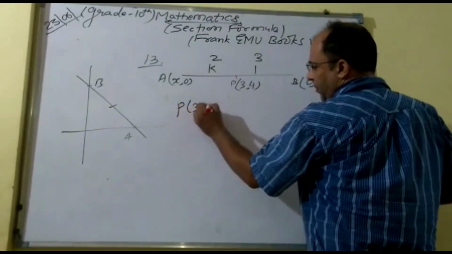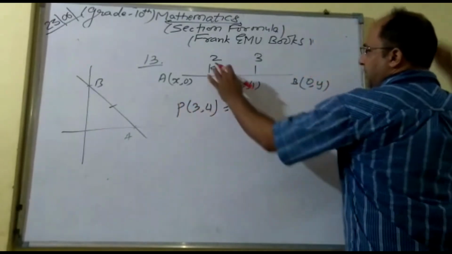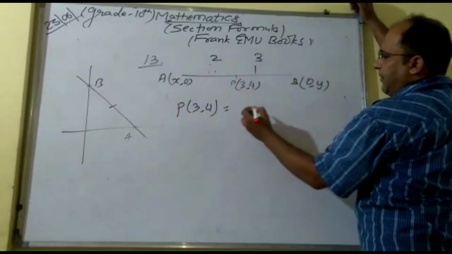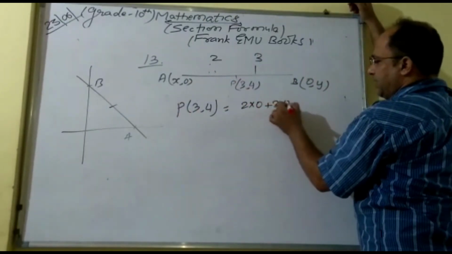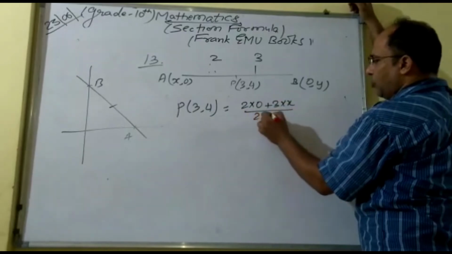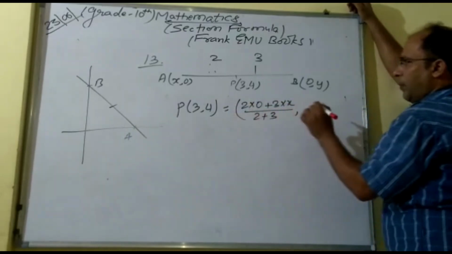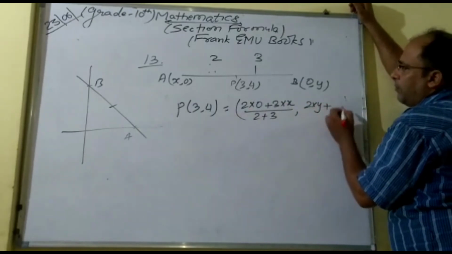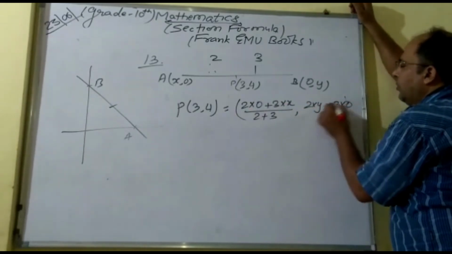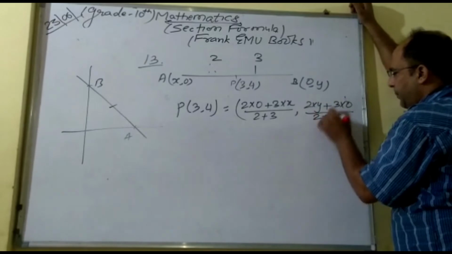P is 3, 4, the ratio is given. So 2 into 0 plus 3 into x upon 2 plus 3 comma 2 into y plus 3 into 0 upon 2 plus 3.